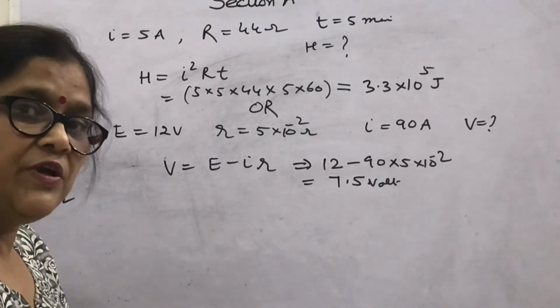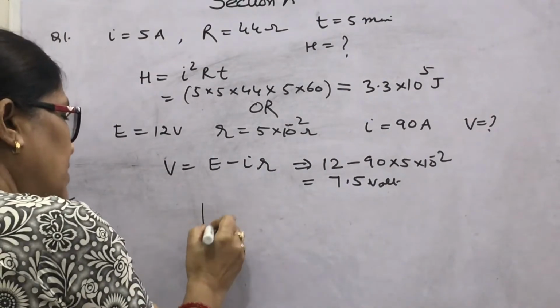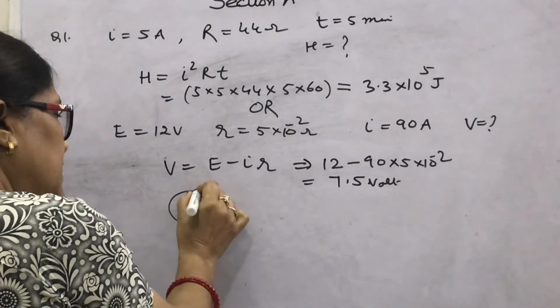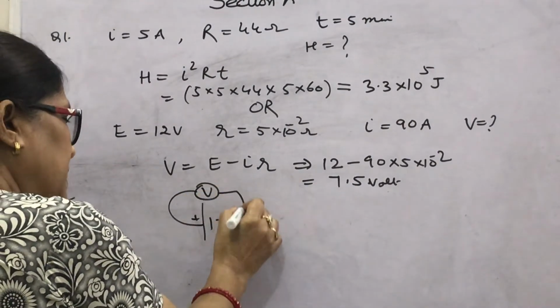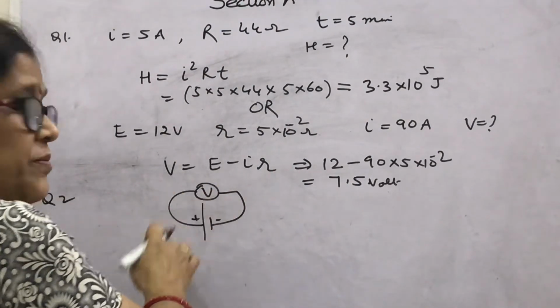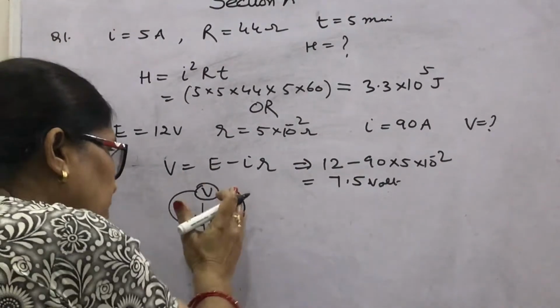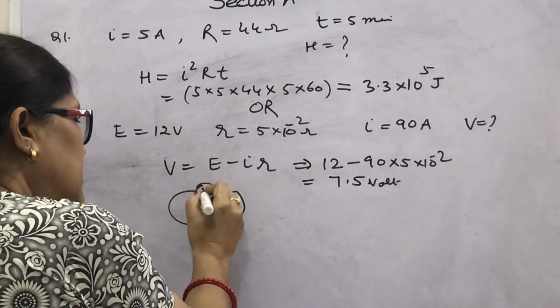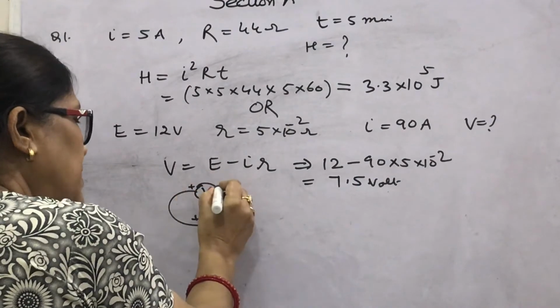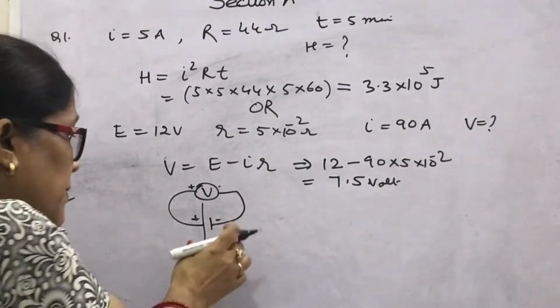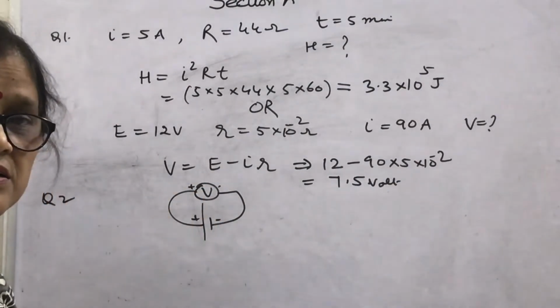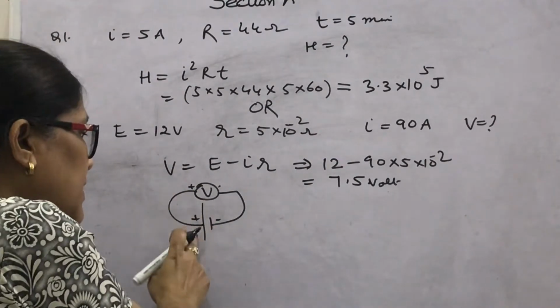What happens when you connect a voltmeter with the battery? It will give deflection to its needle by drawing some amount of current. So some current will be drawn from the cell. Then will it give the EMF?